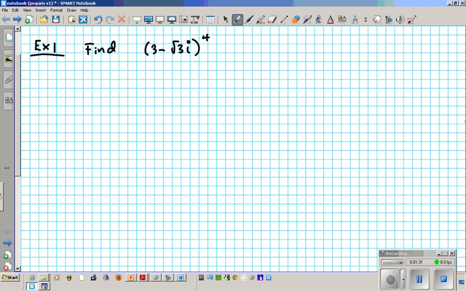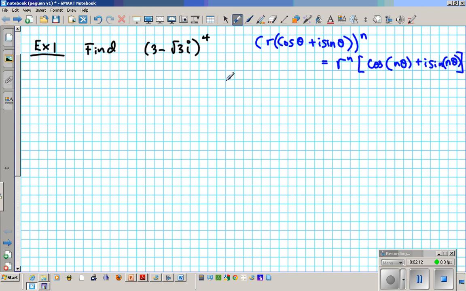If we have r times cosine theta plus i sine theta raised to the nth power, then all we do is raise the radius to the nth power, r to the n, and multiply each angle by n: cosine n theta plus i sine n theta. So you multiply the angles by n, and you raise r to the nth power. All right, so let's do this.